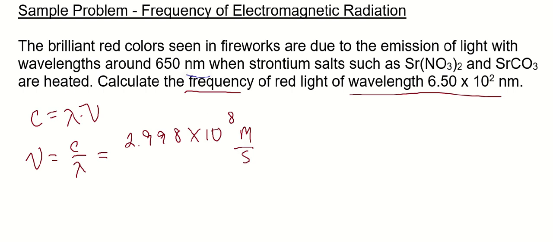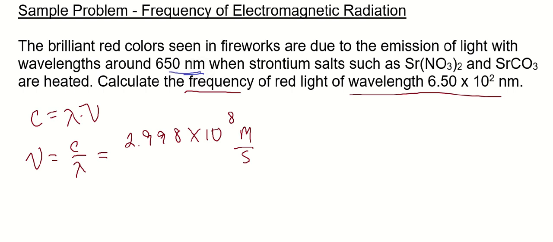Now, before you use that number, notice the wavelength is in units of nanometers. So if we put any number down here in units of nanometers, it's not going to cancel out with the meters that's already there. We want units of meters to cancel out, or you can turn the speed of light into nanometers, but the easier way for me would be to turn that number into meters.